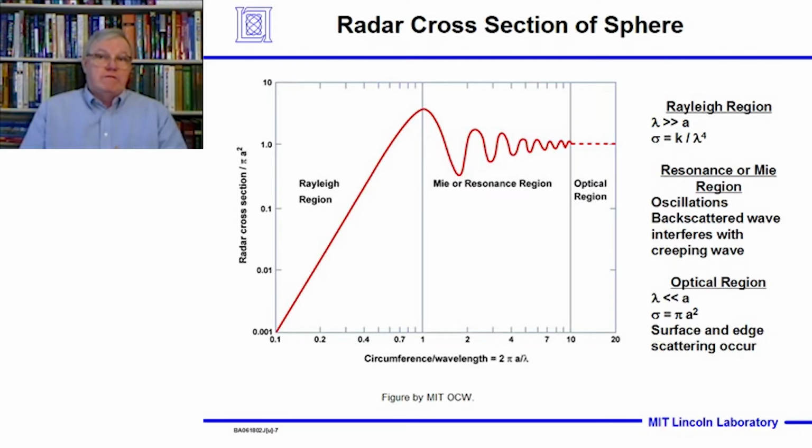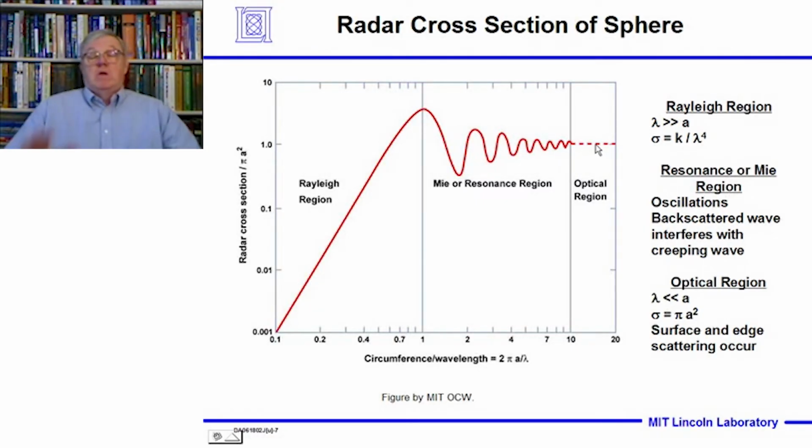But if we hit it with different wavelengths, we're going to see how the cross section varies with the size of the sphere relative to the wavelength. And it behaves a lot differently in different regions. And we have three regions that basically you break things down into.